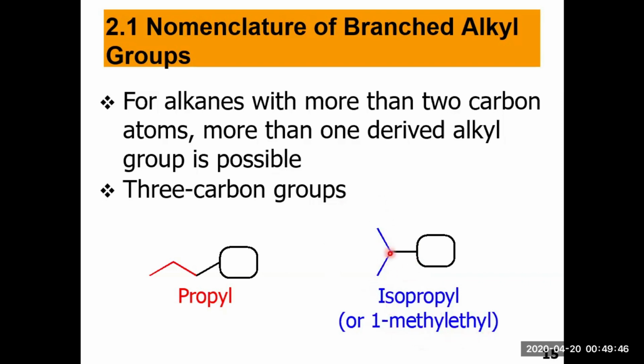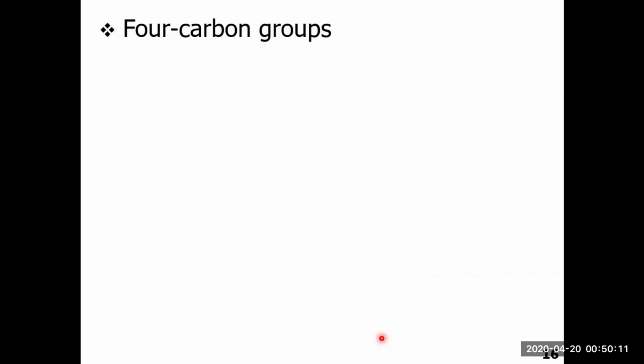Because this one is carbon 1, and if you proceed, this is carbon 2. The parent becomes ethyl, and at carbon 1, which is the branch point, you have a methyl group here. So it's known as 1-methyl ethyl.